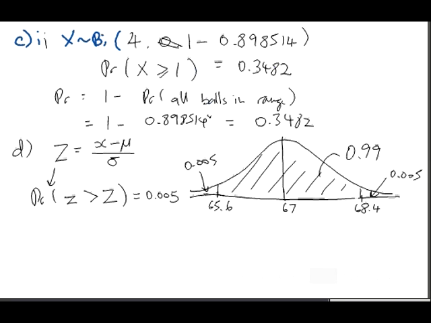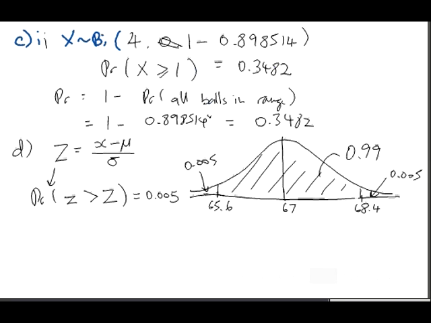Great. So the probability that our normal distribution, or our z, is going to come in higher than some value is going to be 0.005. Now, how do you do that?